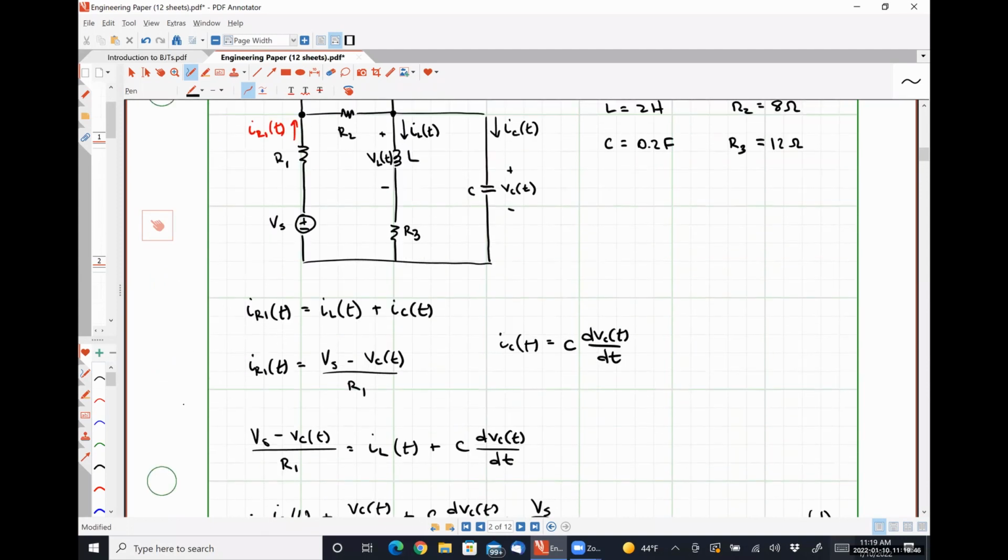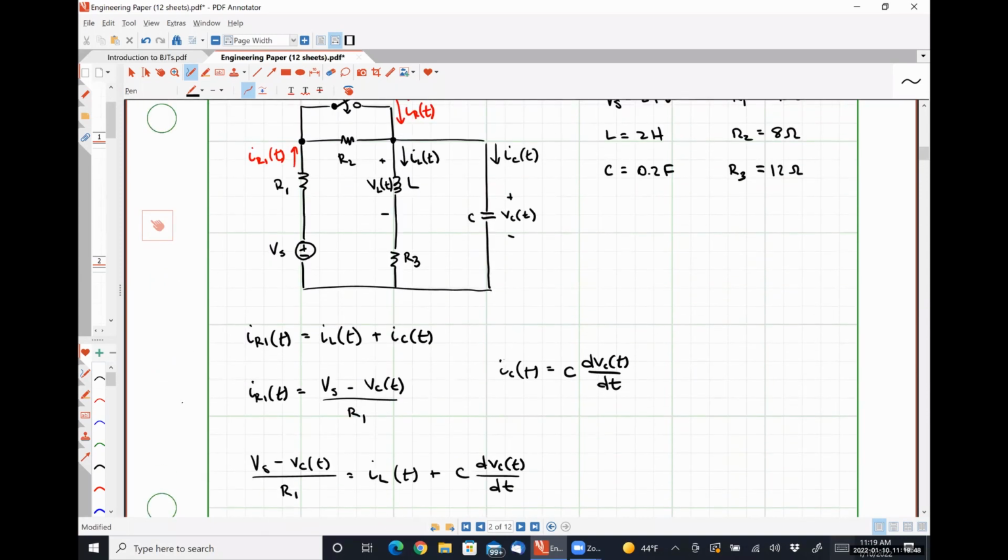That's nothing more than the potential difference between this point and this point: the capacitor voltage is the sum of the inductor voltage and the voltage drop over the resistor, with the positive polarity for the resistor voltage drop on top.